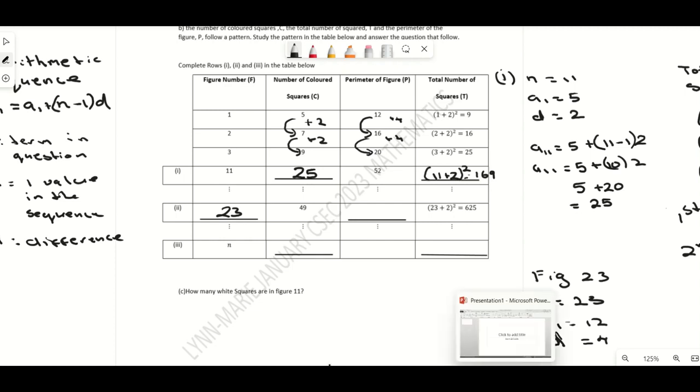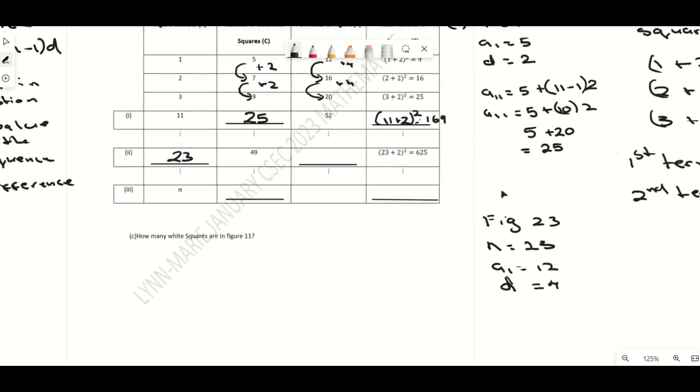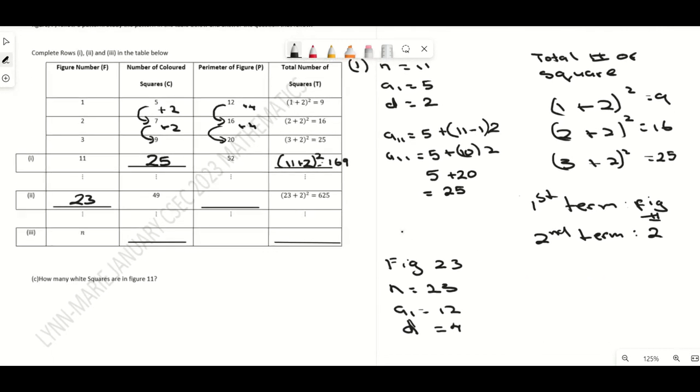So we apply it to the same formula that we're supposed to know. An is equal to A1 plus open bracket n minus 1 times d. We know your n term is 23. So if my figure is 23, that means A23 is equal to my first term, which is 12, plus open bracket, n minus 1, so it's 23 minus 1, times my common difference of 4.